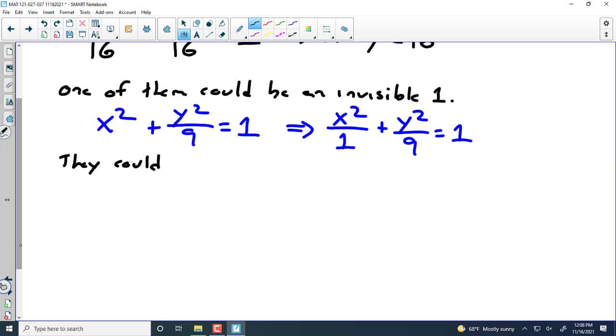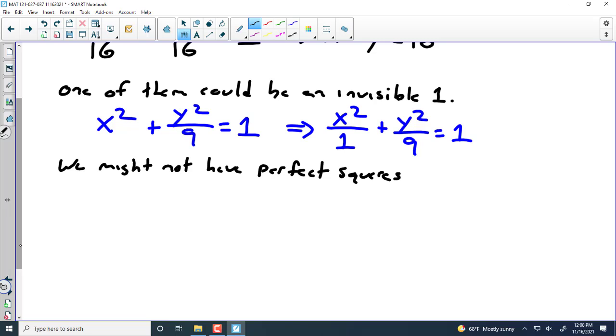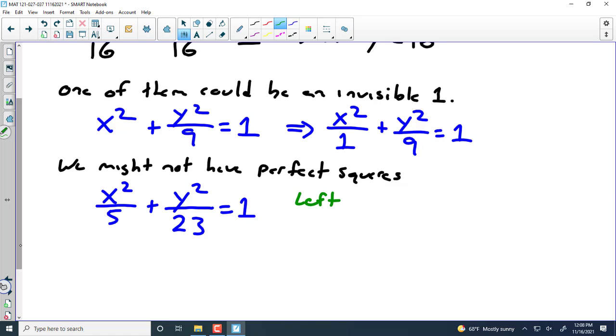We might not have perfect squares. In that case, we just do the best we can.